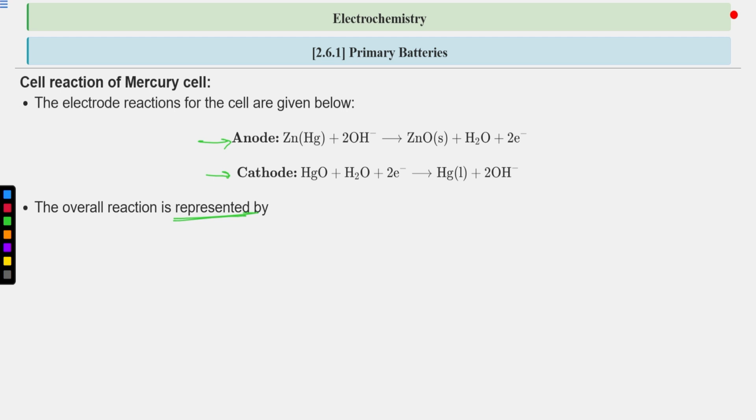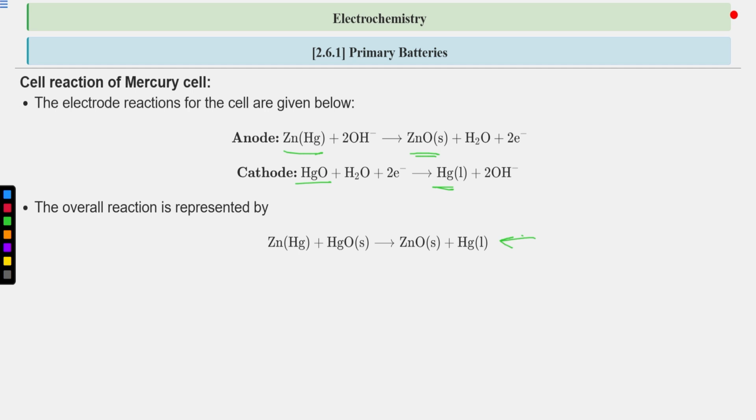By adding the anode and cathode reactions, you get the overall cell reaction, which is Zn(Hg) plus HgO gives ZnO plus Hg, because the remaining species cancel out, as the same amount is present on both the reactant and product sides. The zinc amalgam and mercury oxide are at the reactant side, and zinc oxide and mercury are at the product side.